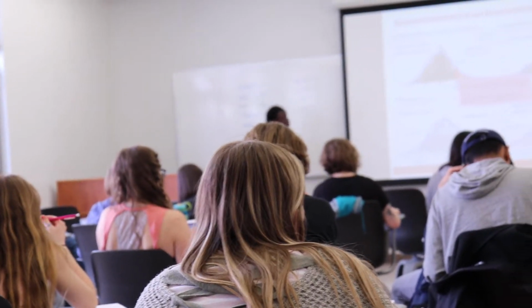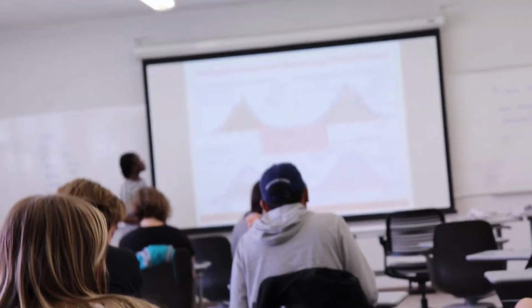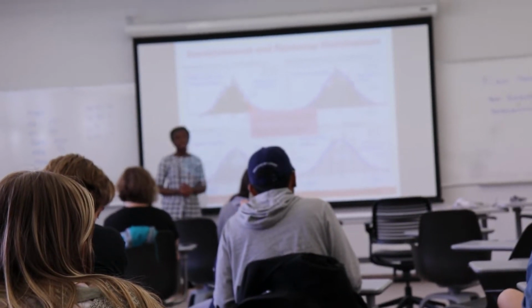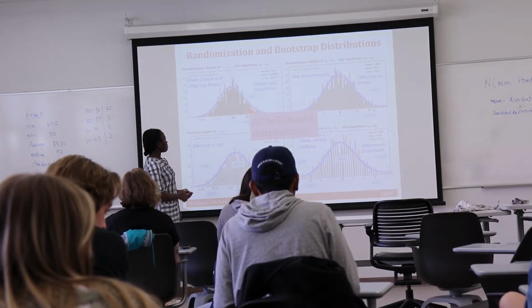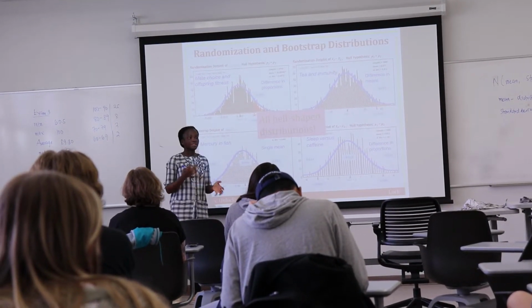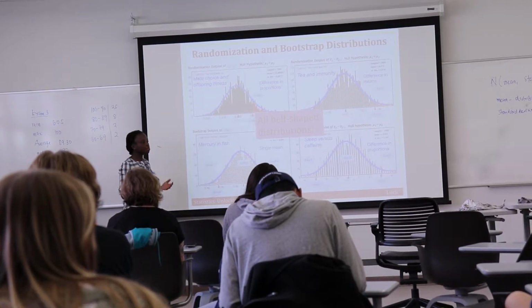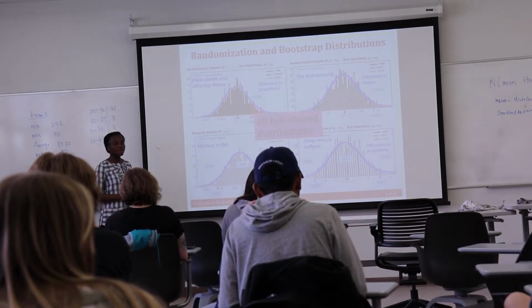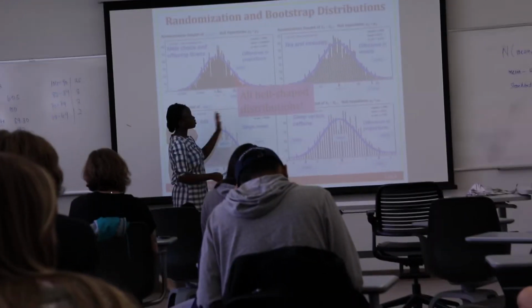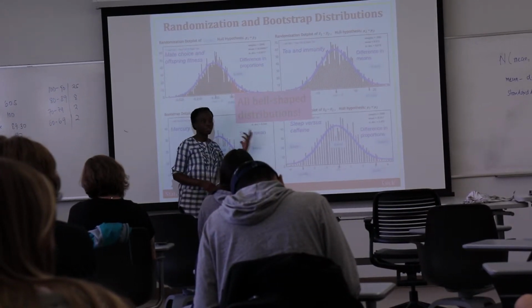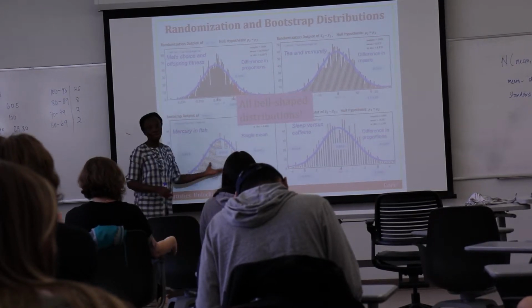We said that considering the normal distribution and looking at all the distributions that we've looked at, we've talked about the randomization distribution, the sampling distribution, the bootstrap distribution. There's one thing in common with them, right? All the distributions are bell-shaped or symmetric distributions.